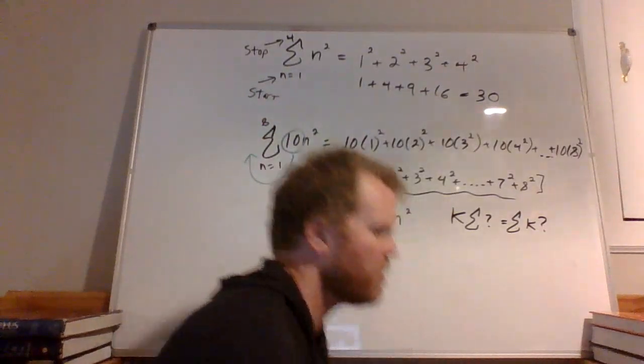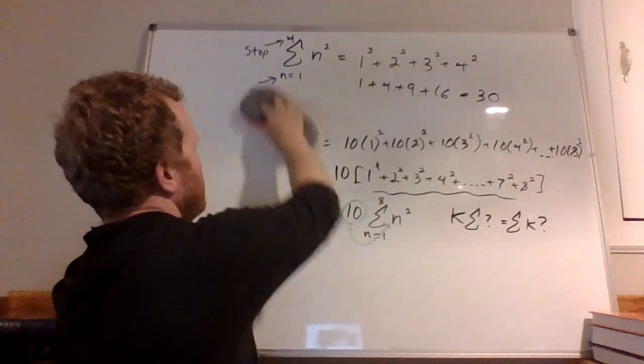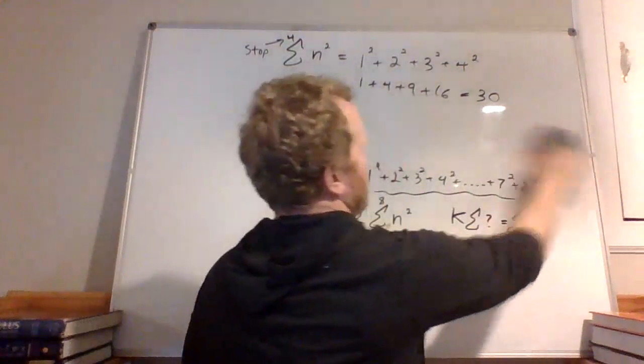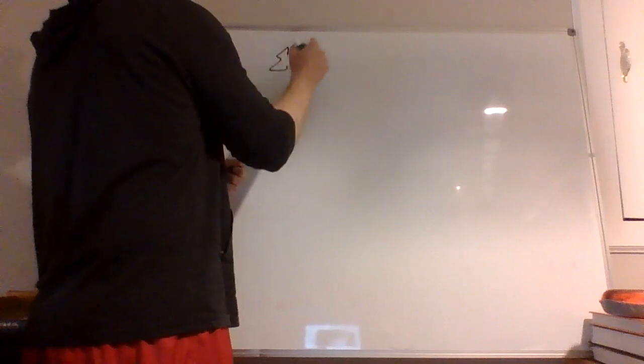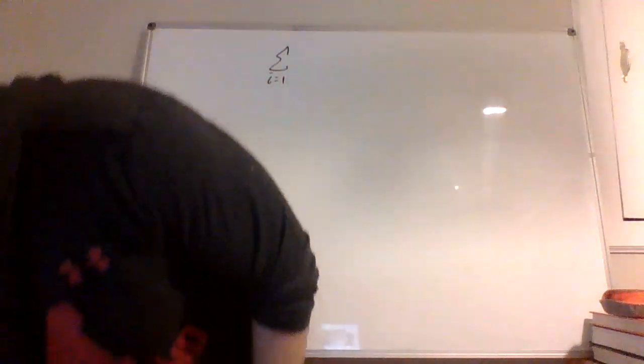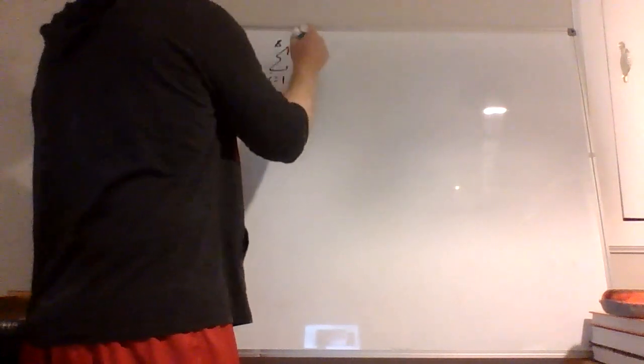The other super important property of sigmas that I want to highlight is this idea that if you have a series that's a sum of two separate things, so this time I said the sum from i equals 1 going to 8 of i squared plus 5i.